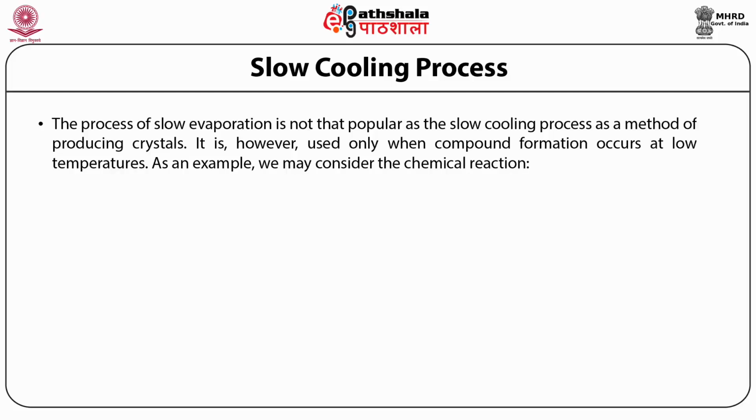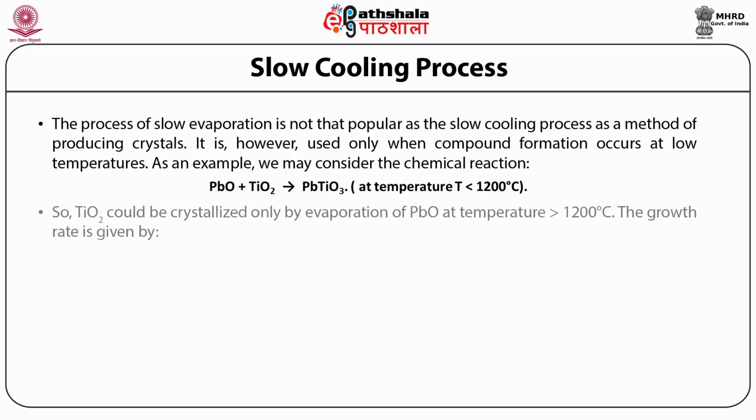As an example, we may consider the chemical reaction PbO plus TiO2 gives PbTiO3 at temperature T less than 1200 degrees centigrade. So, TiO2 could be crystallized only by evaporation of PbO at temperature greater than 1200 degrees centigrade.